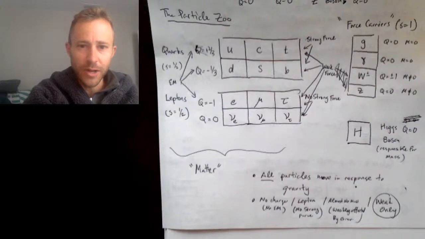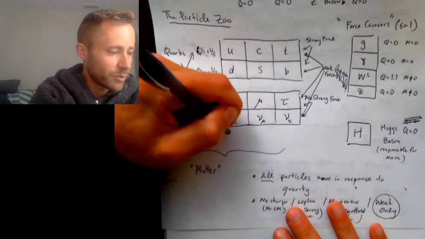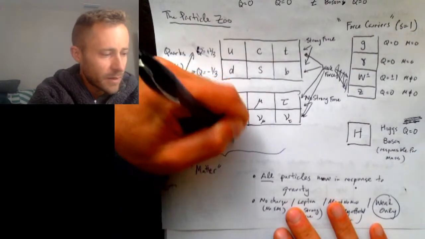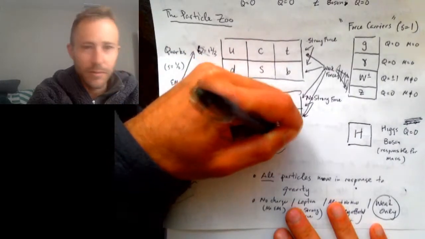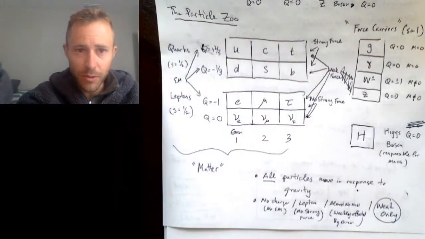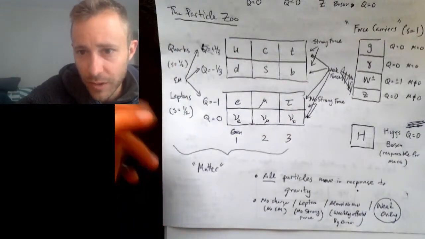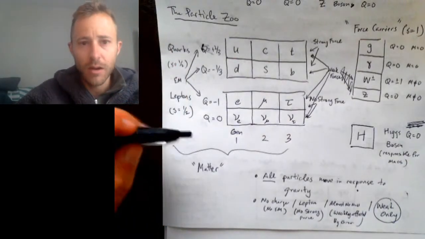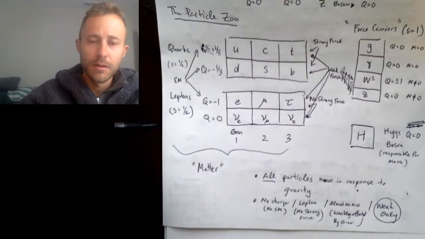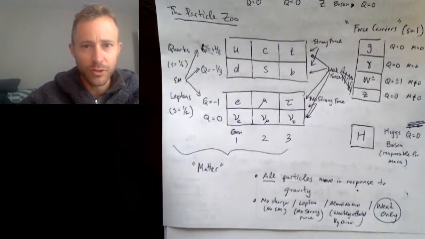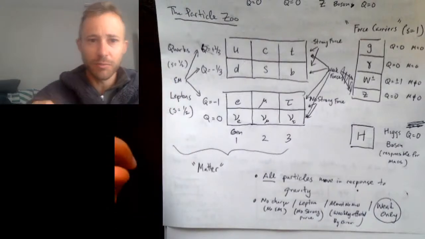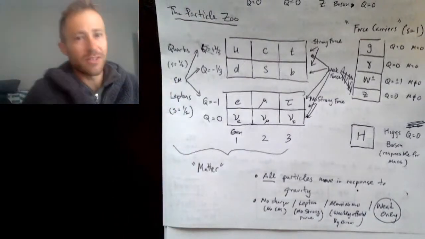These are called generations: generation 1, 2, and 3. Why are there 3 generations? Could there be more generations of particles that we just haven't discovered yet? There are a lot of questions about this model. This is called the Standard Model.